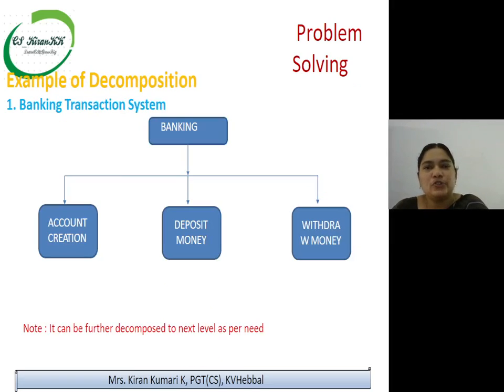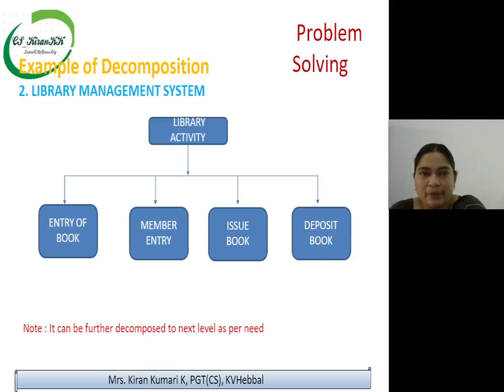Examples of decomposition: in a banking system, account creation, depositing money and withdrawal of money are different parts of the entire banking transaction system. In a library management system, entry of book, member entry, issue of books and depositing of books decompose the entire library activity into simple smaller parts.